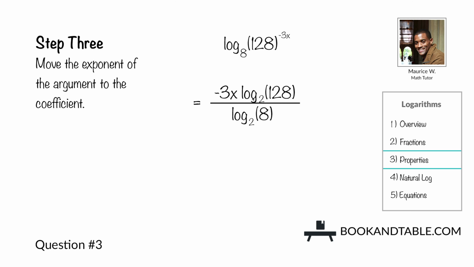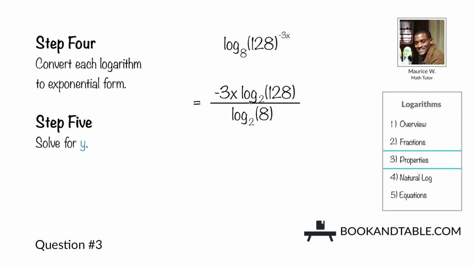And now we can convert each logarithm to exponential form. So we'll start with the logarithm in the numerator. We'll set that equal to y, giving us log base 2 of 128 is equal to y.